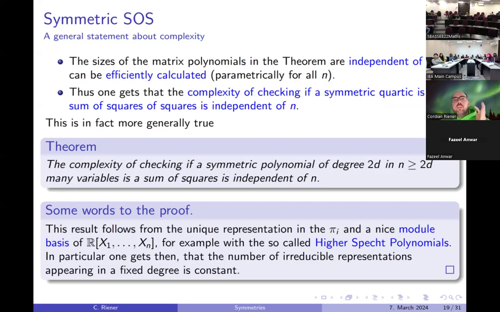And one can also find a nice module basis for the polynomial ring with this property and the unicity. These are called higher Specht polynomials, which are also very interesting to study from a purely algebraic point of view. They give very nice ideals. And in that way, one gets immediately that if you fix the degree, all of this data stabilizes very quickly.